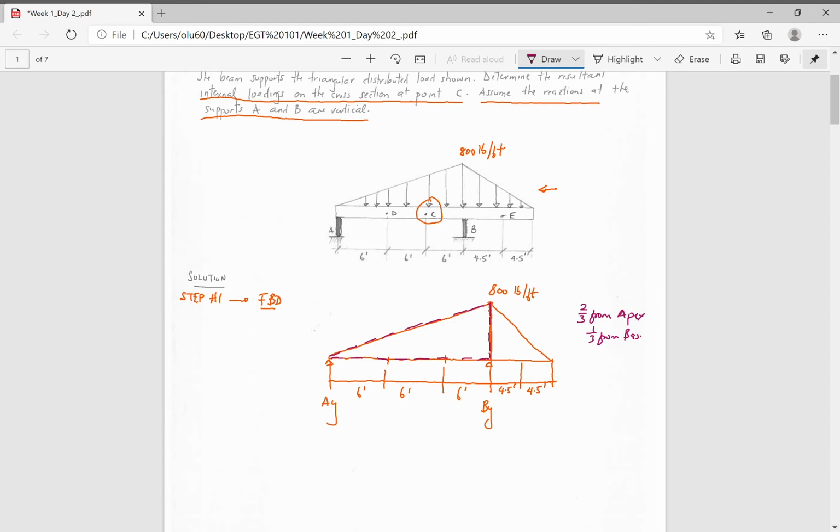So it's going to reside at this location here, over a span of 18 feet.